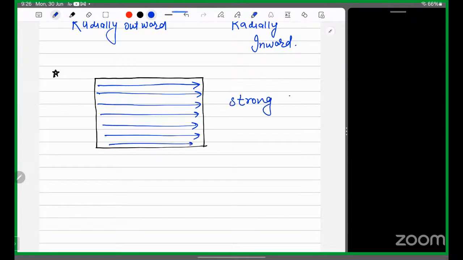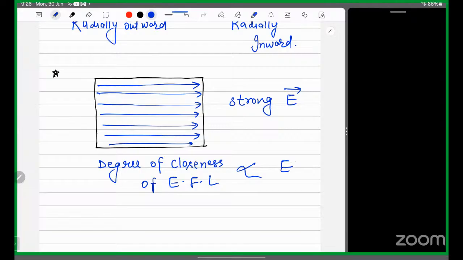The degree of closeness of electric field lines is directly proportional to the magnitude of electric field.